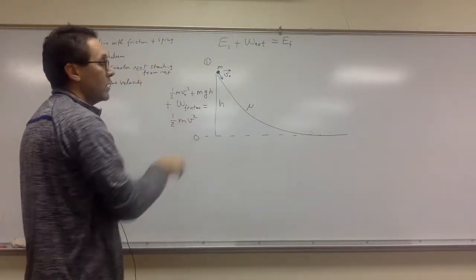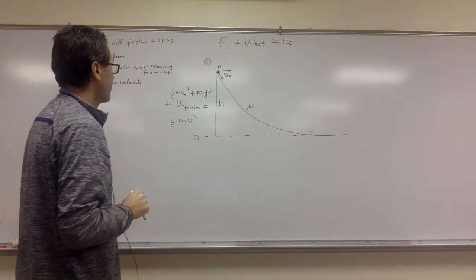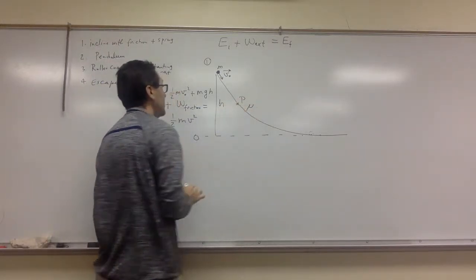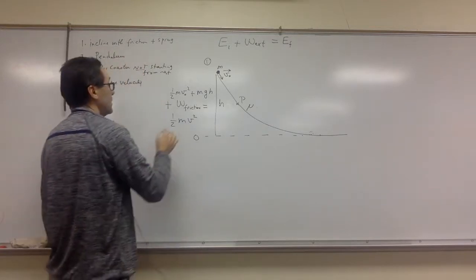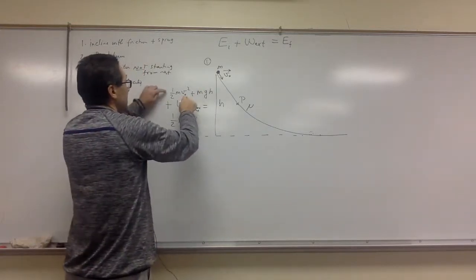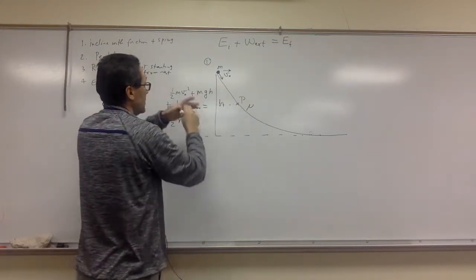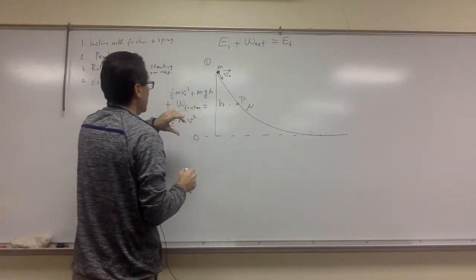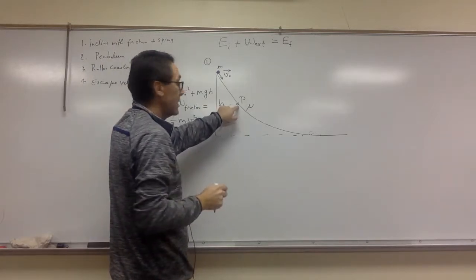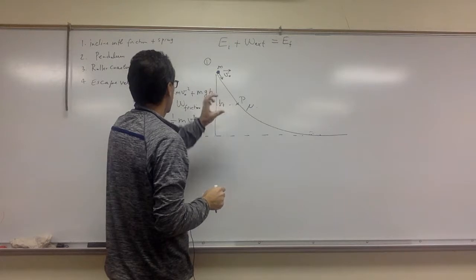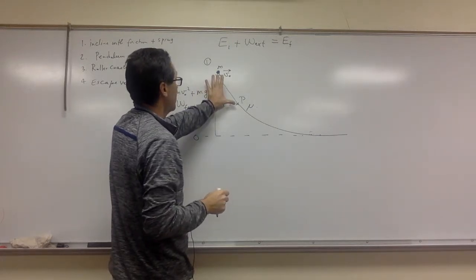And I can do this anywhere in between, right? So for instance, if I'm at this point here, let's just call this point P, when I'm there, I'm just going to have 1/2 mv0 squared plus mgh, which is a different h, just this much. Plus, you still have some kinetic energy here, plus the work done by friction, but only for this part of the ramp.